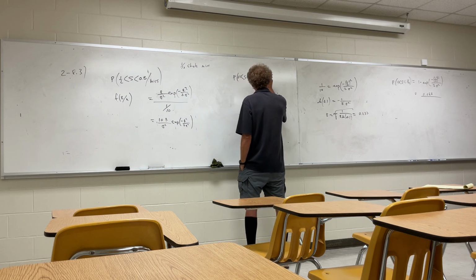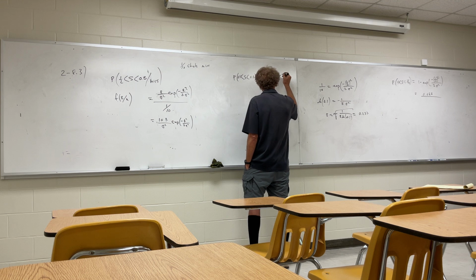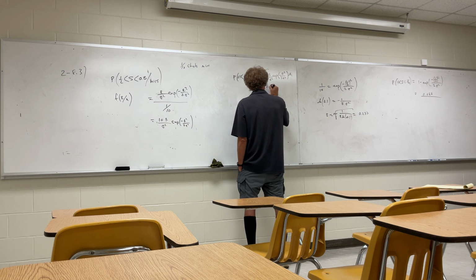I'm going to take the 10 out in front. That density function, and then we integrate r over sigma squared exp to the minus r squared over 2 sigma squared dr, and this would go from 0.5 to 0.8.